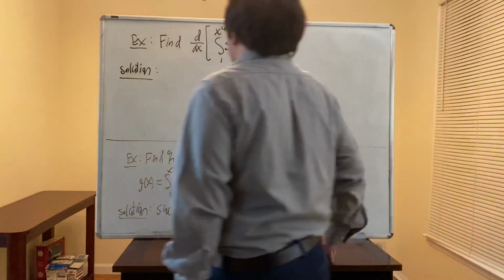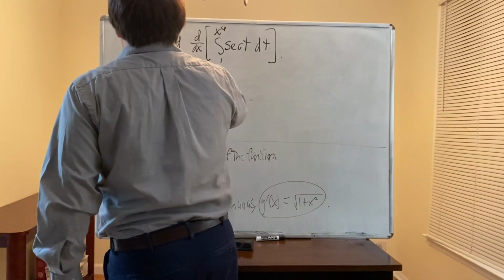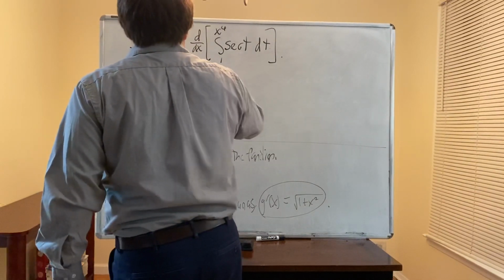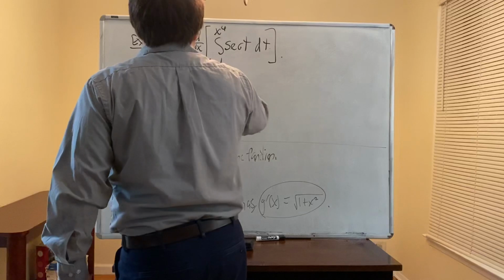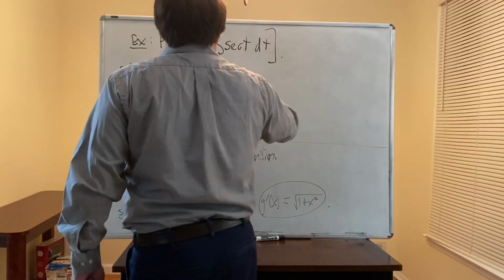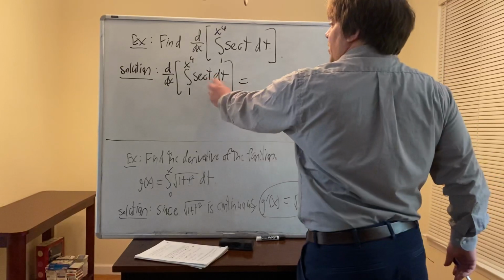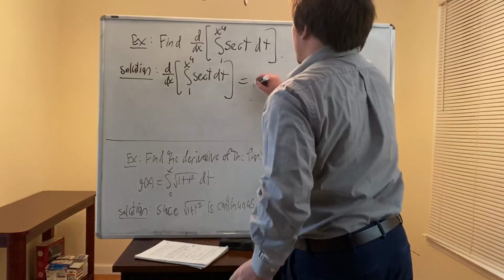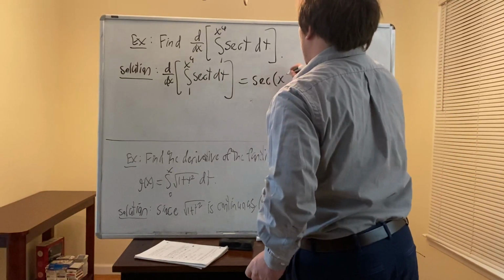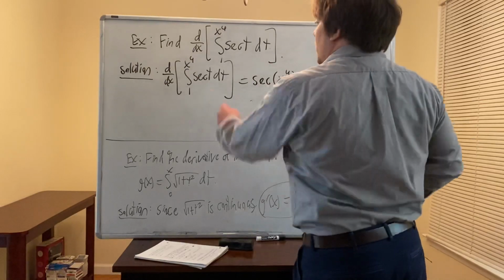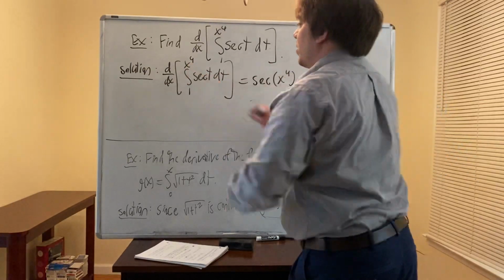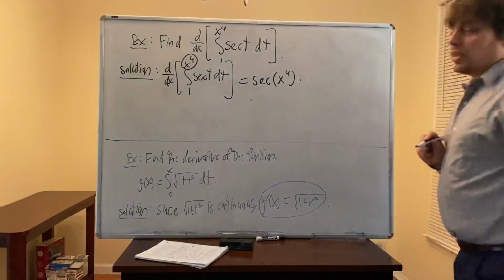The solution is that d dx of the definite integral from 1 to x to the 4th of secant t dt is equal to, plug in for this x to the 4th, so you get secant of x to the 4th times the derivative of the upper limit.